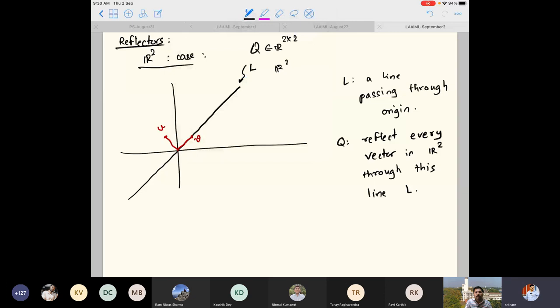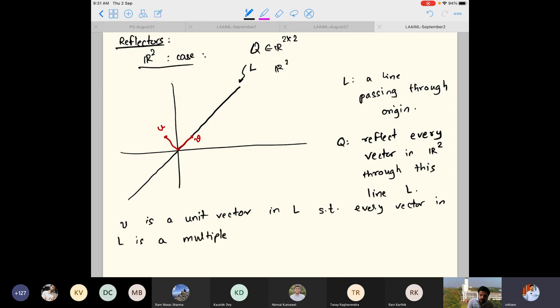V is a unit vector, meaning a vector with norm 1, in L, such that every vector in L is a multiple of V.